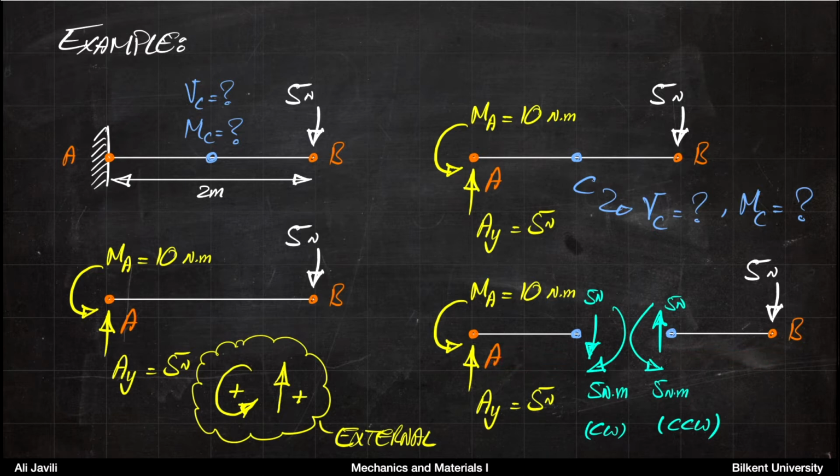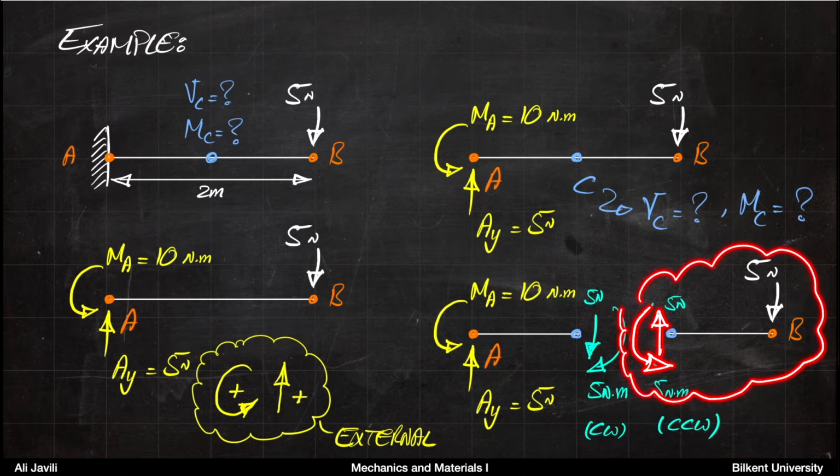Now, if you think of the shear force and moment at point C, looking at the right-hand side, due to equilibrium you would need a shear force that is upwards, and you would need a moment of 5 Newton meter that is counterclockwise. So you can see this as just a standalone system under equilibrium.